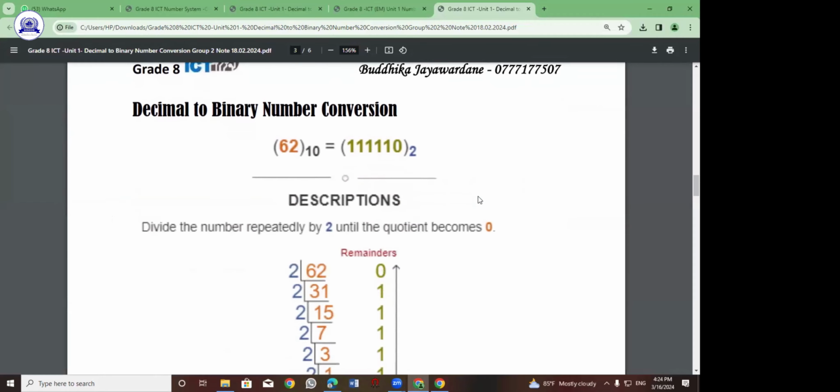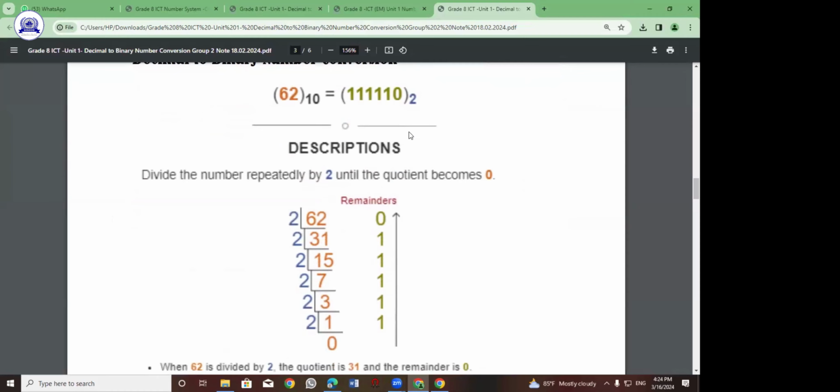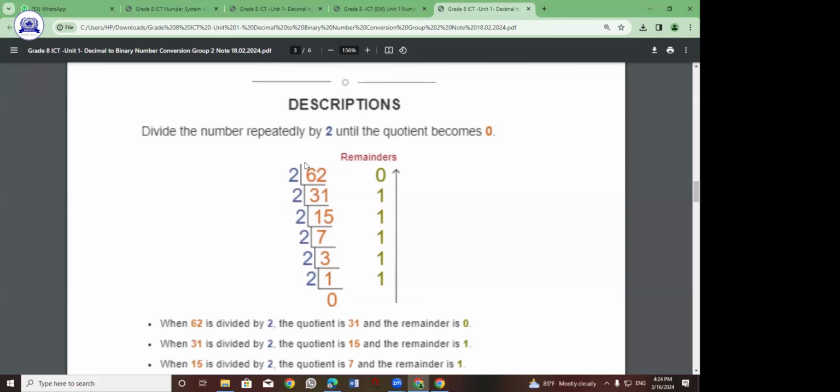So when you want to convert a decimal to binary, you need to divide that number by 2 until it becomes 0, because the decimal base is 10, the binary base is 2. So when you divide, let's say this example, 62, I want to convert into binary.